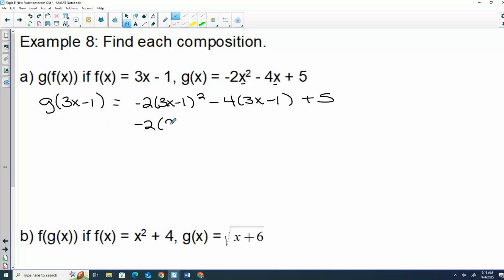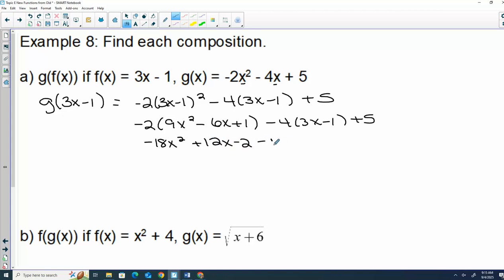So if we have 2 of those in FOIL, we get 9x squared minus 6x plus 1. 8x squared plus 12x minus 2 minus 12x plus 4 plus 5.